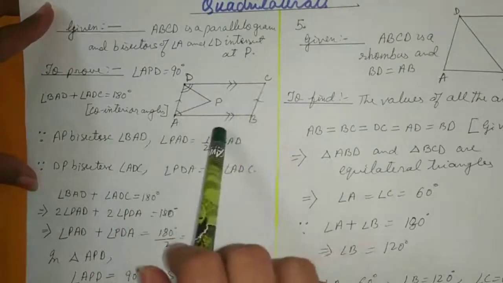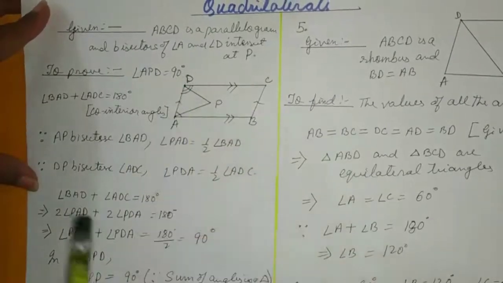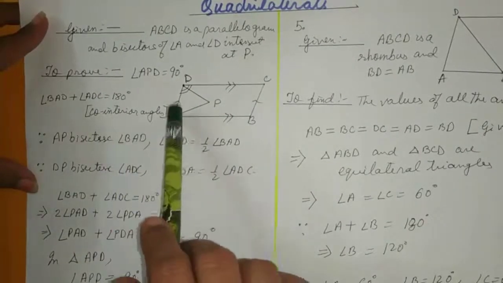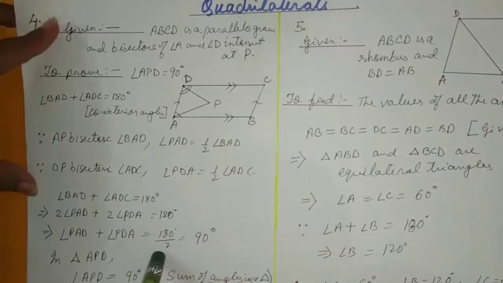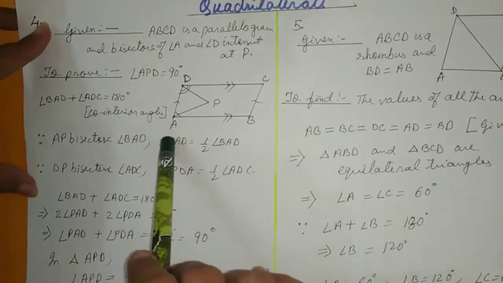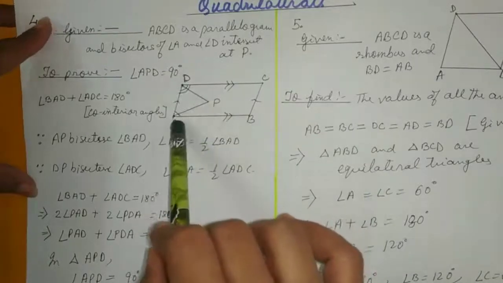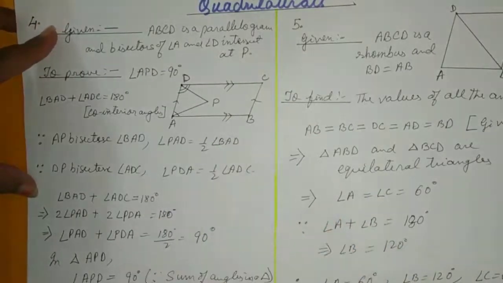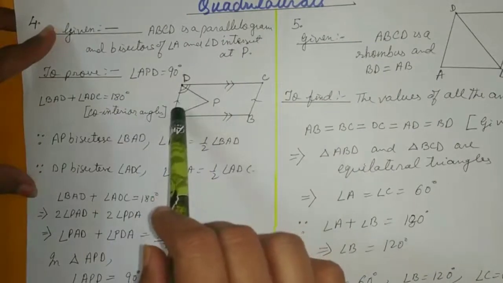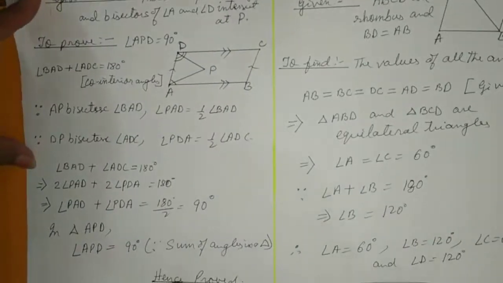Because the sides are parallel, so by the co-interior relation angle A plus angle D is equal to 180 degrees. The bisectors of angle A and angle D give half of that, which is 90 degrees. So angle PAD plus angle PDA is equal to 90 degrees. In triangle APD, if the sum of these two angles is 90 degrees, then the third one has to be 90. Therefore, proved.